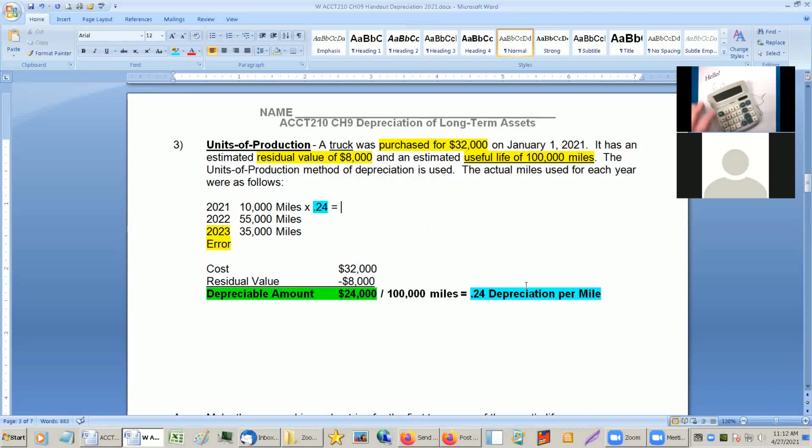Oh, wait, I can do that in my head. So it's 10,000 miles, so $2,400. This will be the depreciation expense in the first year.